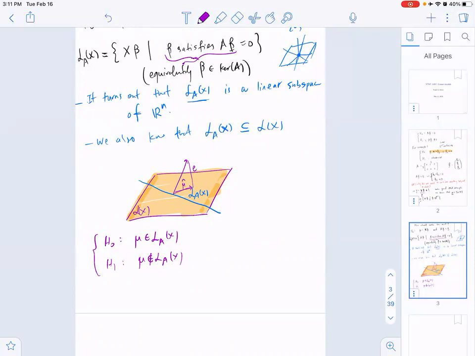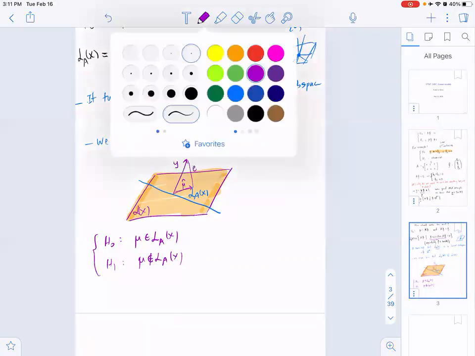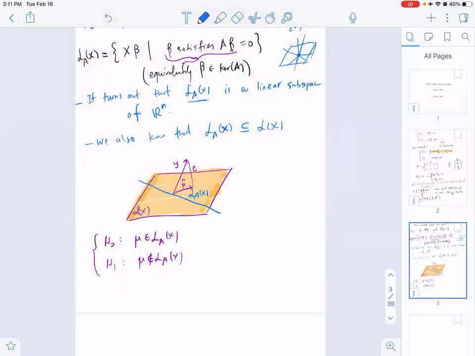What we're going to do here is, under the null, I'm going to also project onto this, because this is a linear subspace. I can project onto any linear subspace. Now I'm going to have a new mu hat A, and I'm going to have a new residual.